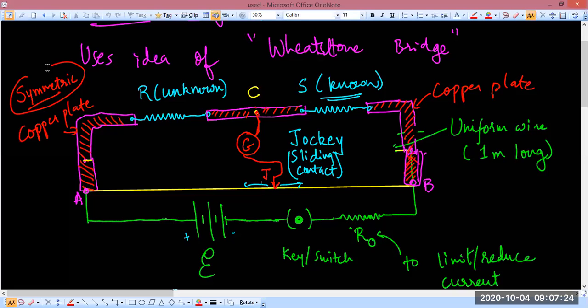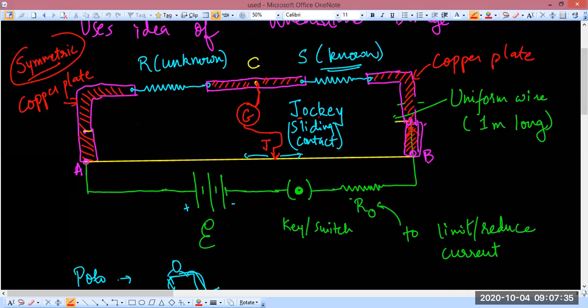All right. What we have here is this sliding contact, that's called the jockey. Now, the way we do it is similar to what we talked about in the Wheatstone bridge.